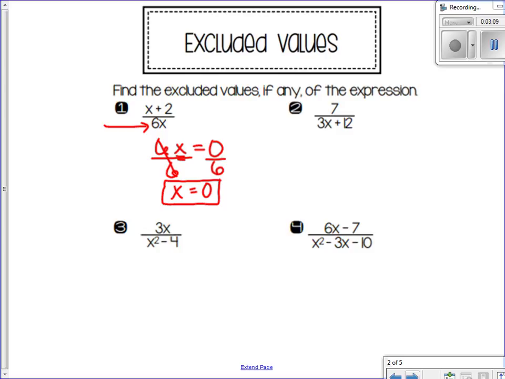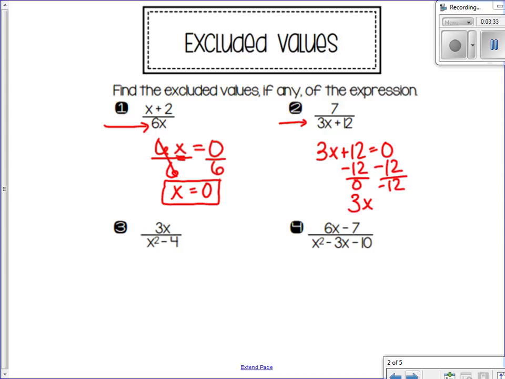All right, number two, we just look at the denominator. We're going to set that equal to 0. So 3x + 12 = 0. Now we just got us a two-step problem. We got to solve for x, get x by itself. So subtract 12. Whatever we do to one side, we got to do to the other. So 0 minus 12 is negative 12.